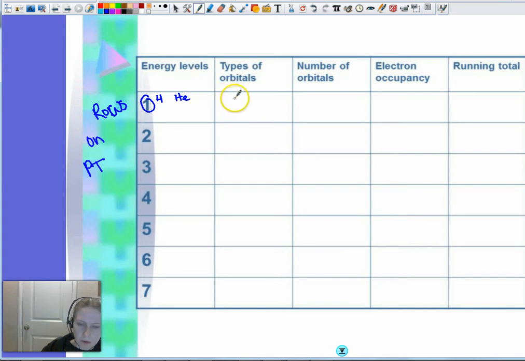The only orbital that that row has is an s orbital. Number of orbitals, s equals 1, so we have 1. And each orbital can only hold 2 electrons. Now for helium, we would have a total of 2 electrons.